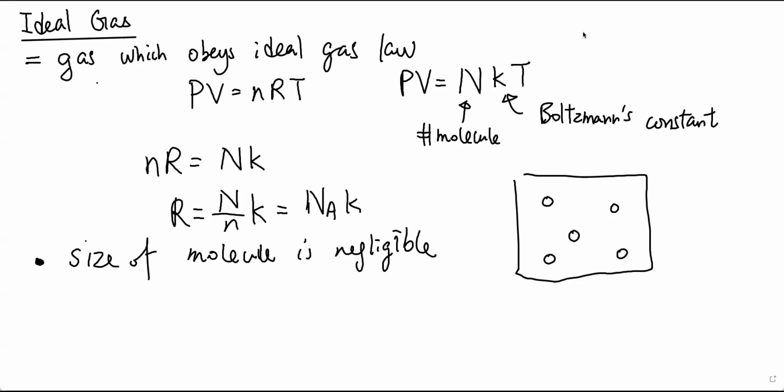Small n is the number of moles. So big N is the number of molecules? Yeah. What does R mean? R is just the gas constant, just a constant.